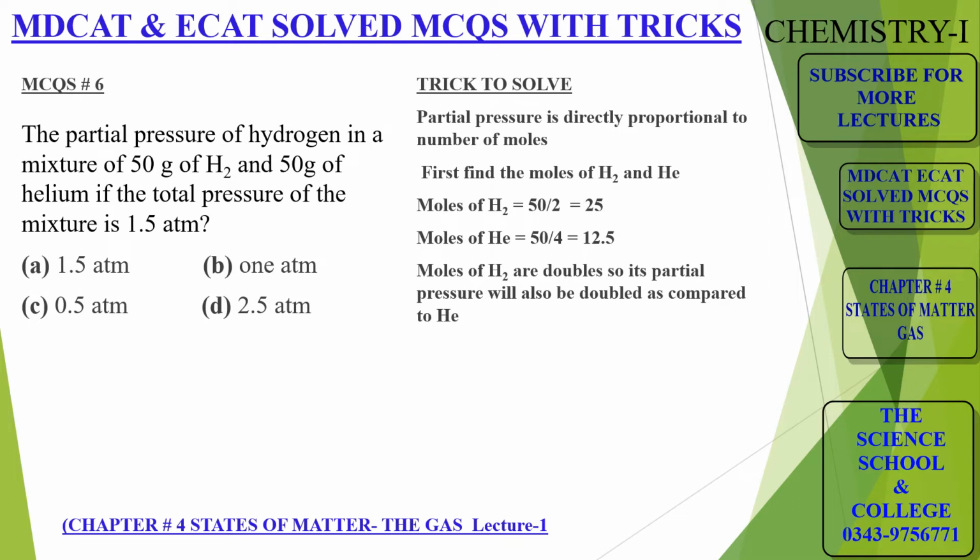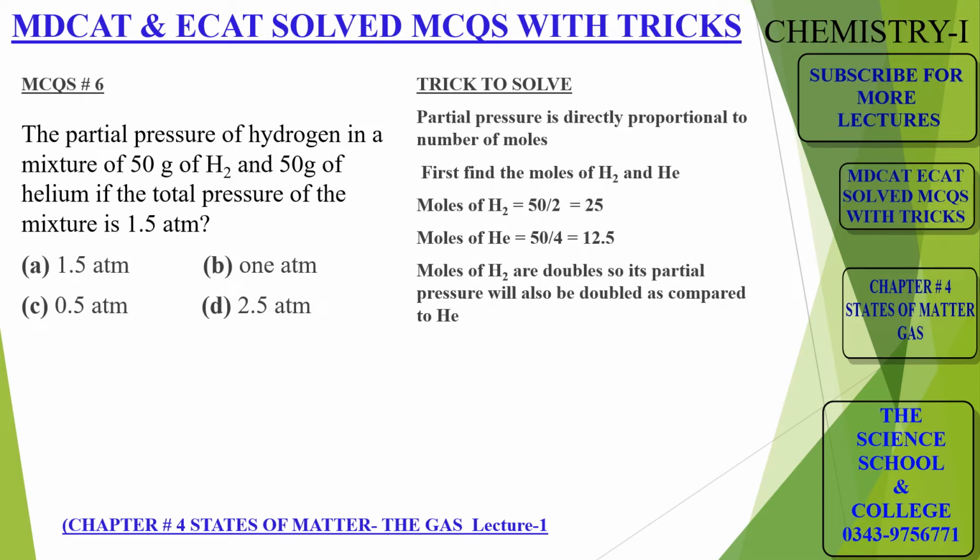As the number of moles of hydrogen gas is double the number of moles of helium, the partial pressure of hydrogen will be double that of helium gas. The total pressure is 1.5 atmosphere, so the partial pressure of hydrogen will be 1 atmosphere and the partial pressure of helium gas will be 0.5 atmosphere.